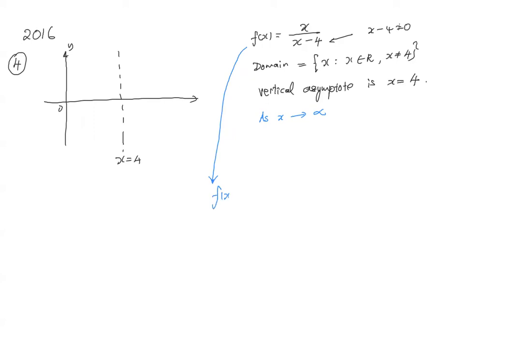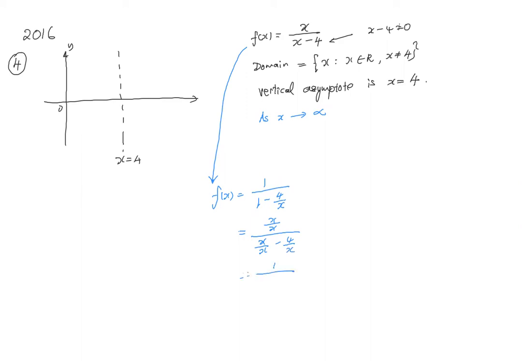Can I write my f(x) as 1 over 1 minus 4 over x? Is it okay? Why not? Everything divided by x, can or not? Yeah. So you can do it like that.